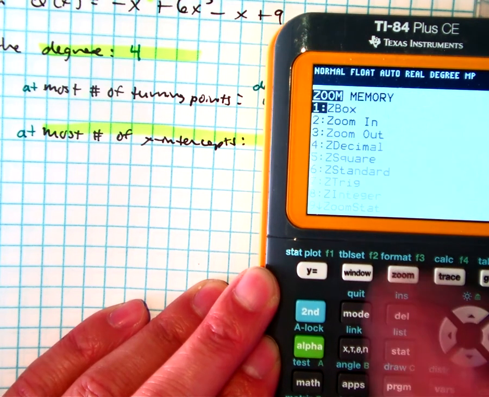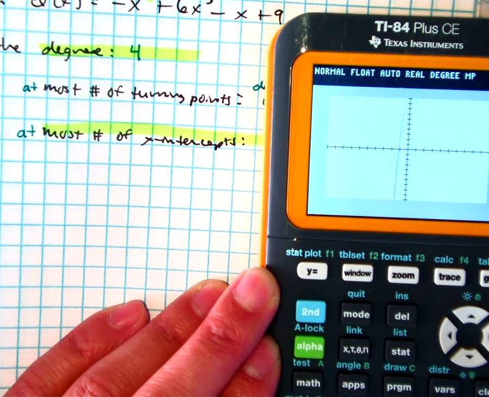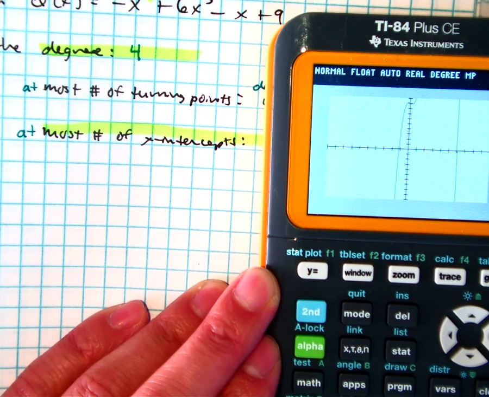And I'm going to press zoom 6. Oh no, can't see the graph. Got to change the window. This is the hard part, right?